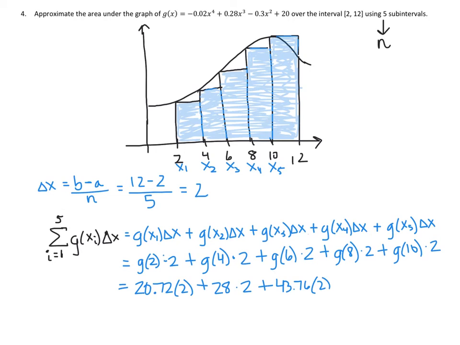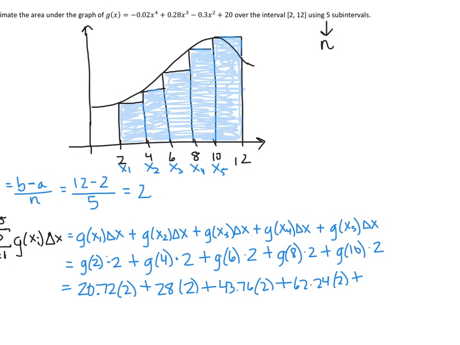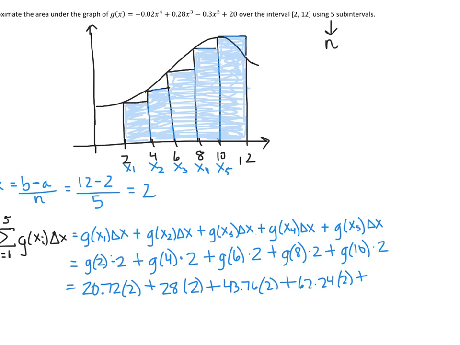That's being multiplied by 2 plus g of 8. When we plug 8 into our function, we get 62.24 times 2 plus our last term, so g of 10. Plugging 10 into our function, we get 70 times 2.